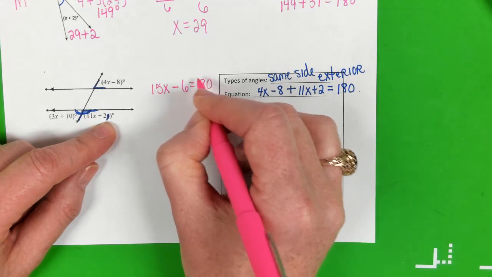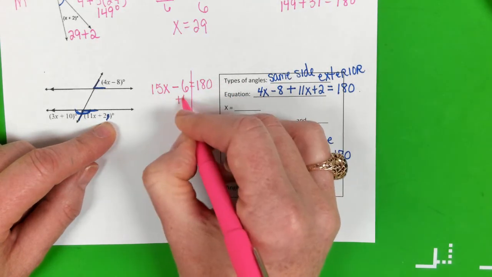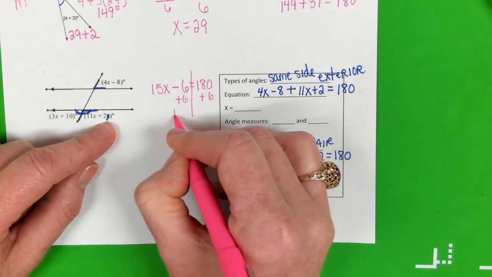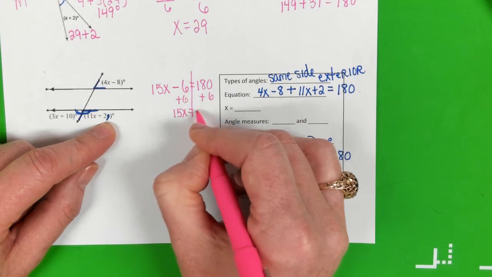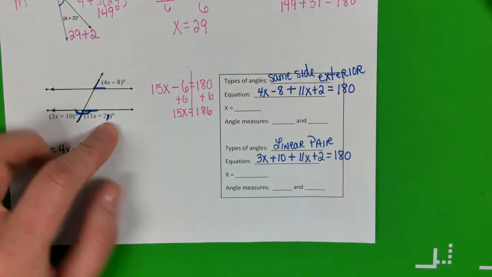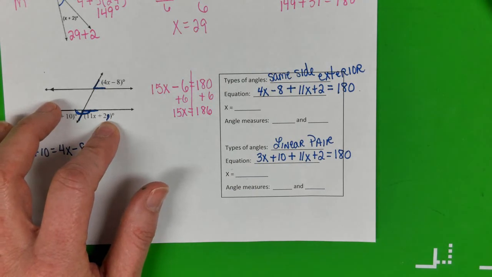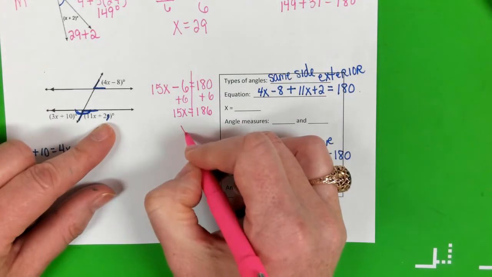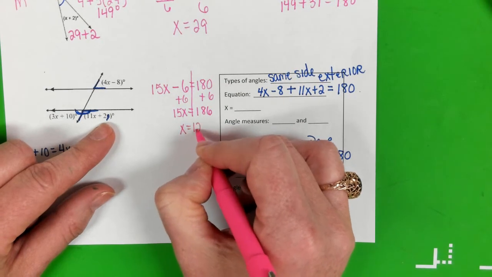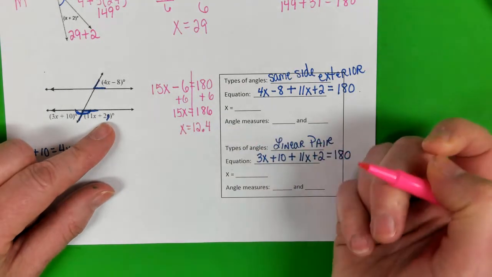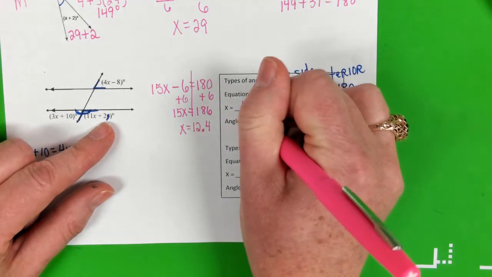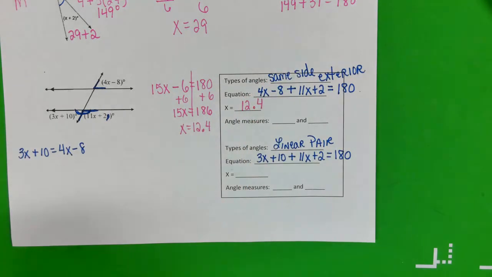Okay, I just combined my like terms. Now I'm going to add 6. 15x equals 186. Oh, I don't know, y'all aren't going to like this, but we get a decimal, 12.4. Totally okay to get a decimal, 12.4.